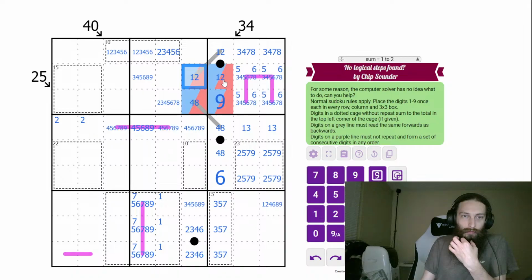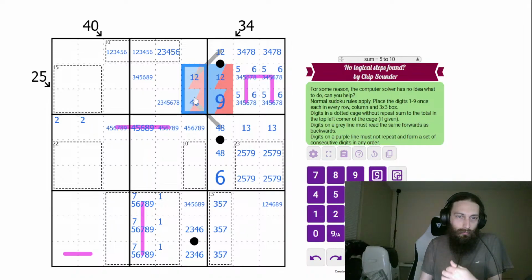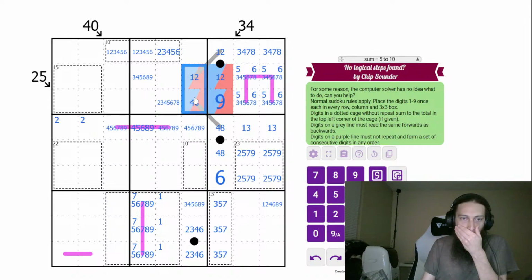So if this was 10, we could do 2 and 8, but there's nothing stopping us from doing 2 and 9 for 11, and then this isn't forced to be 11. In fact, it couldn't even be 11. And there's no sums here to try and enforce anything.